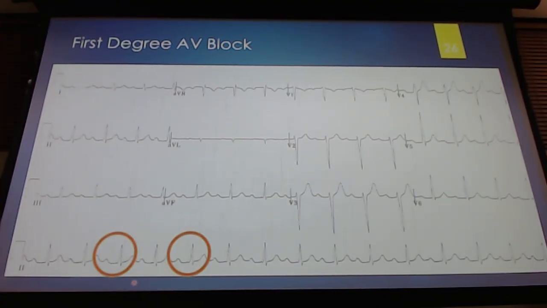Here is an indication on the ECG, on the bottom rhythm strip, of a first degree AV block. If we count our boxes, and we go from the beginning of the P to the beginning of the QRS, this is greater than 5 boxes. And if you look over here, we've got our P, QRST. Our T and our P are fairly close together.